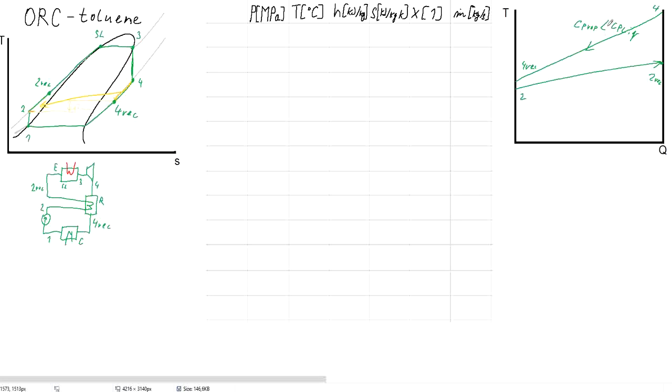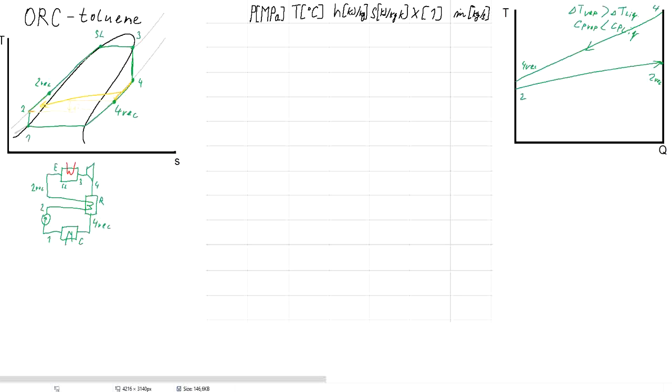So because of this, for the same amount of heat, the delta T on the vapor must be larger than delta T on the liquid side. So that is for the recuperator.